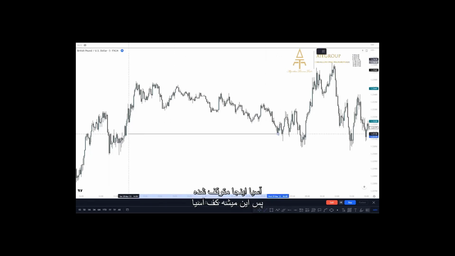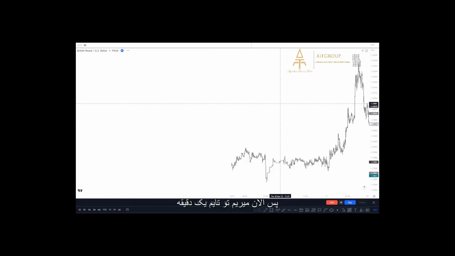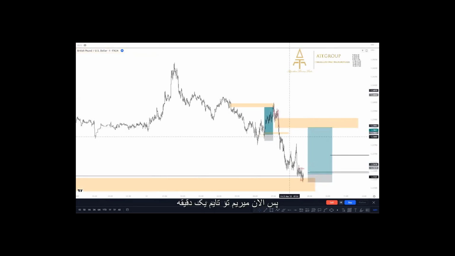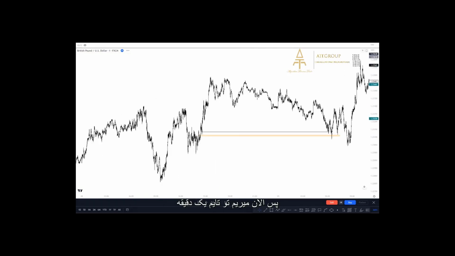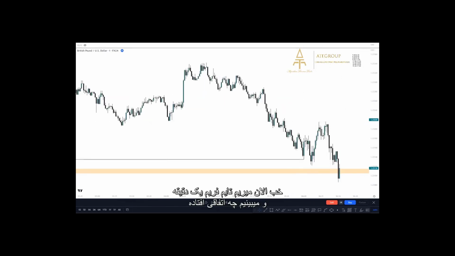So this is Asia low. And where is IPA on the left? We got IPA right here. So we're gonna switch to 1 minute and wait what will happen.